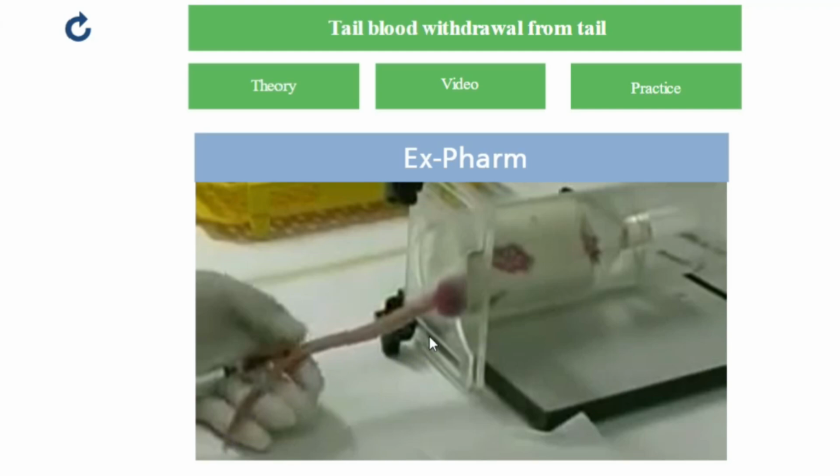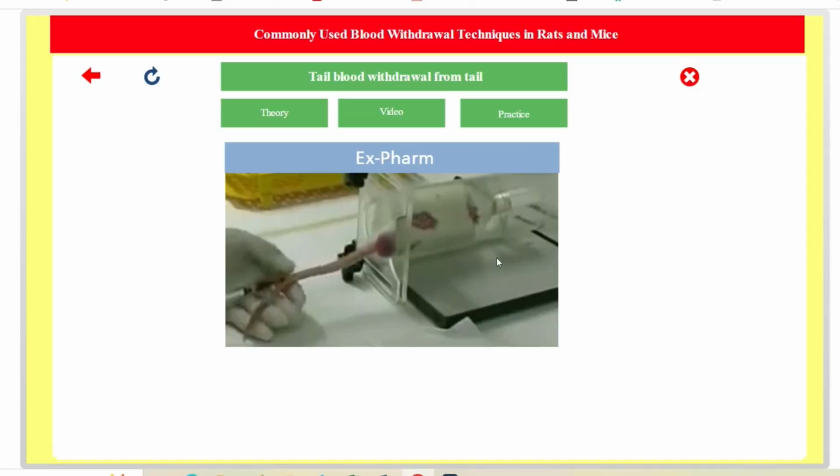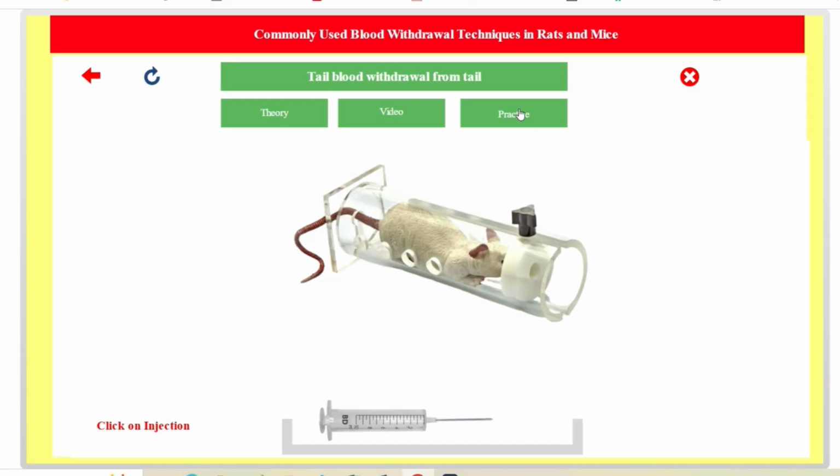Sometimes, to see the veins properly, we also apply xylene on the tail, so it makes the veins completely visible. So we will go for practice. Here you can see the animal is in the restrainer, and we will click on the syringe.